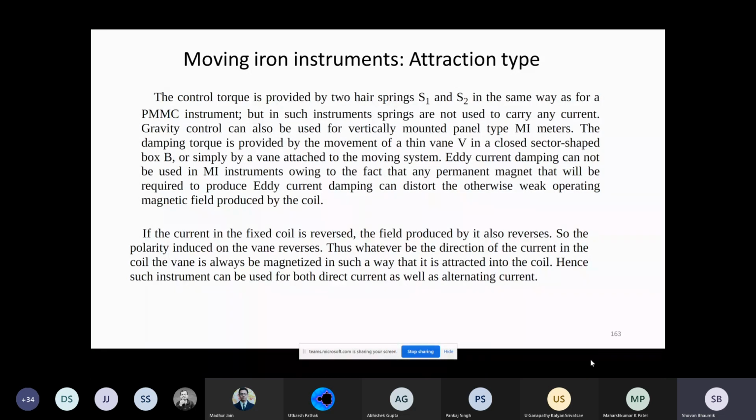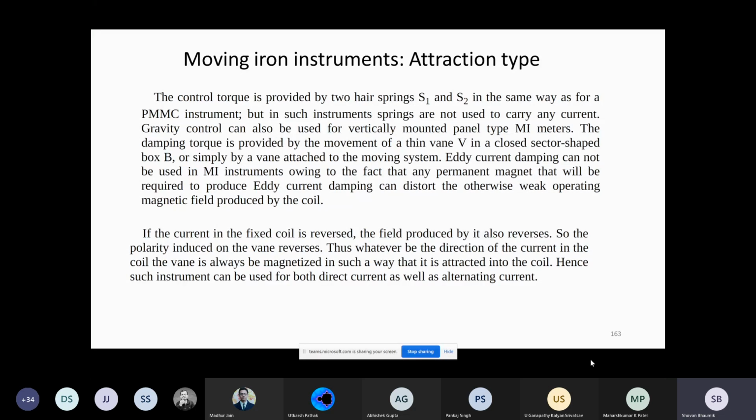Whatever the current in the fixed coil, if it is reversed, the field of the magnet produced is also reversed, and the polarity induced on the vein is reversed. Thus the magnet will be produced and the attraction will happen. Whatever the direction of the current in the coil, the vein is always magnetized in such a way that it is attracted by the coil, and similarly the deflection of the pointer will happen.